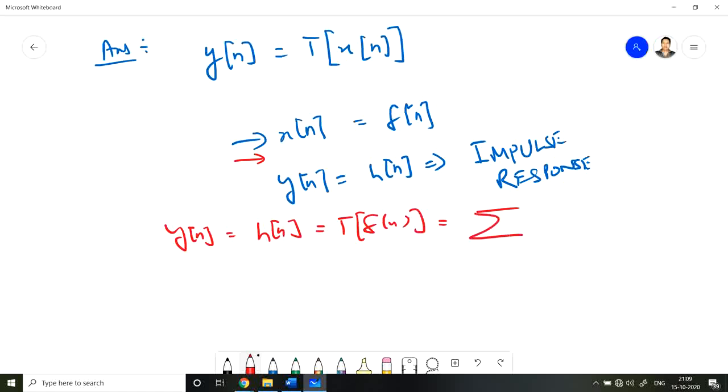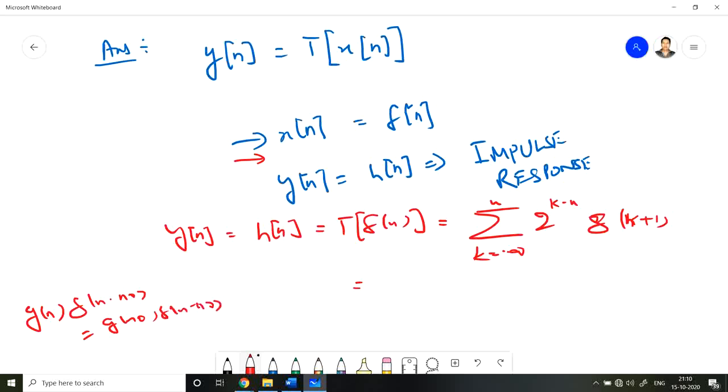So it is equal to the summation k equals minus infinity to n of 2 raised to the power n minus k, del k plus 1. Now if we solve this, we can apply the formula that if we have gn multiplied by del n minus n naught, that is equal to g n naught del n minus n naught. We apply this formula in this summation, with k from minus infinity to n.